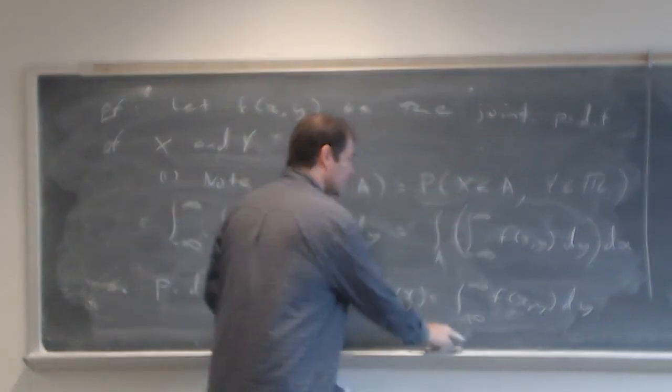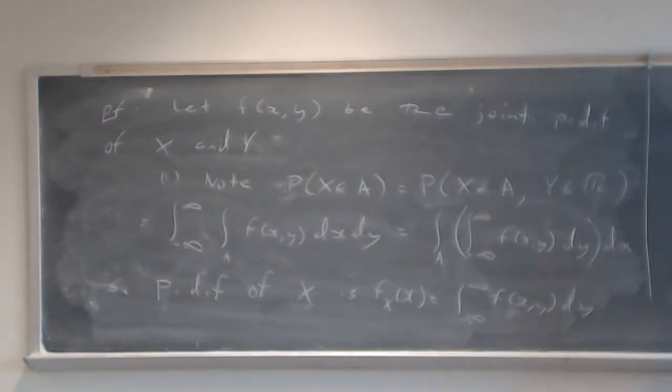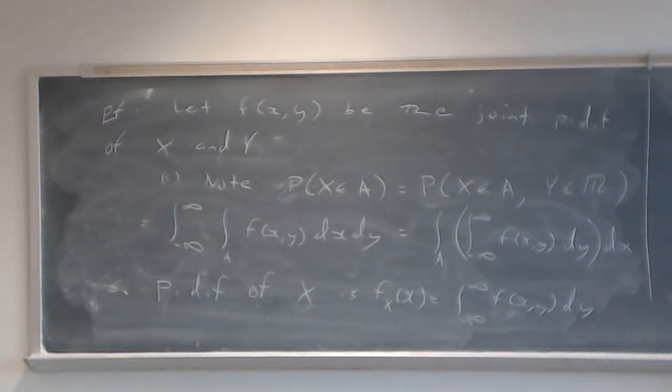So there's two parts to this. Of course, I'm going to make the same statement that I made before with the discrete case, and that is part 2 is analogous to part 1. And I'm not going to do it.